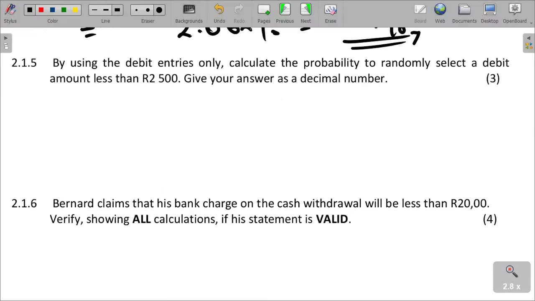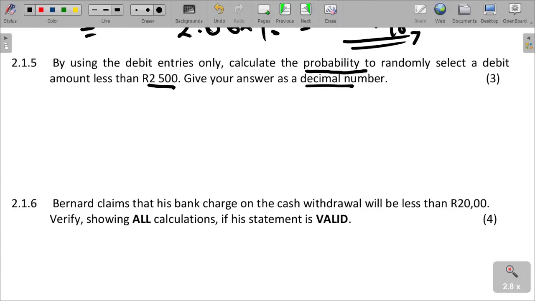2.1%. And then by using the debit entries only, calculate the probability to randomly select a debit amount less than 2.5. So we are supposed to identify debit entries, and then we calculate, giving our answer as a decimal fraction, or as a decimal number.